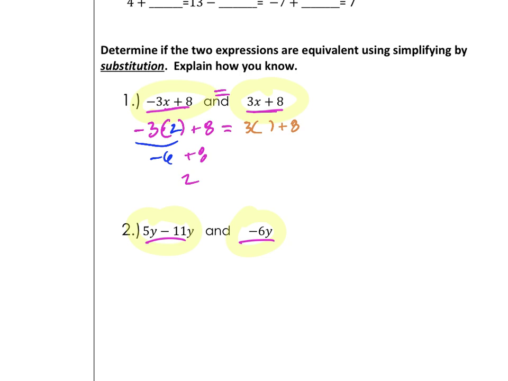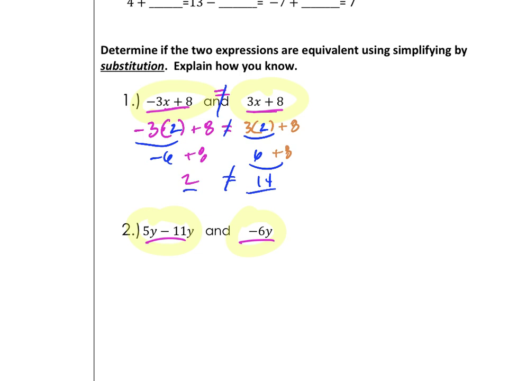We put the 2 in, 3 times 2 is 6 plus the 8, and 6 plus 8 is 14. These two are not equivalent. 2 and 14 are not equivalent. So since those aren't equivalent, neither are these two expressions.